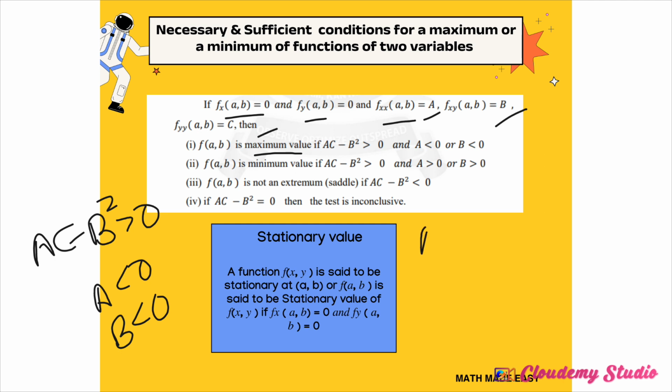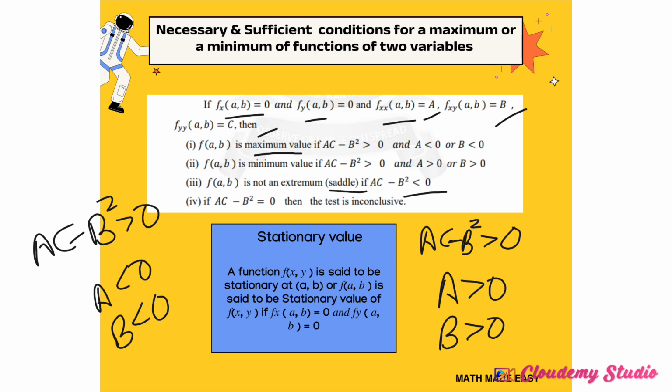If ac minus b square is greater than 0 and a is also greater than 0, then it is minimum. Then f of a,b is not an extremal, a saddle point, if it is less than 0. If it is 0, then the test is inconclusive. This is the trick.